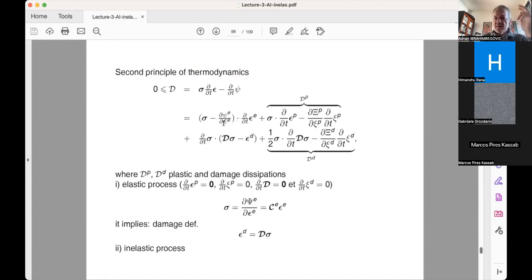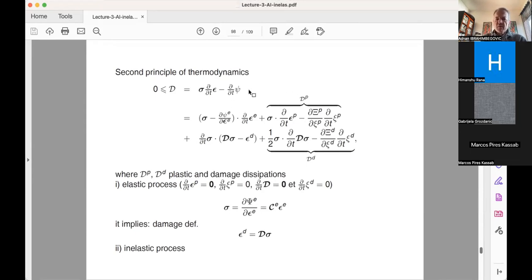You have sigma minus the derivative of the elastic potential with respect to elastic strain, times the elastic strain dot, plus sigma times plastic strain dot, plus the hardening variable QP times Xi P dot, plus here you have sigma dot times d sigma minus epsilon d, plus 1/2 sigma dot d dot times sigma, and here you have the hardening variable QD times Xi d dot.